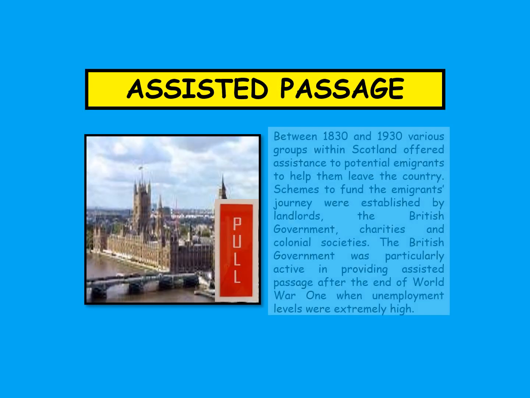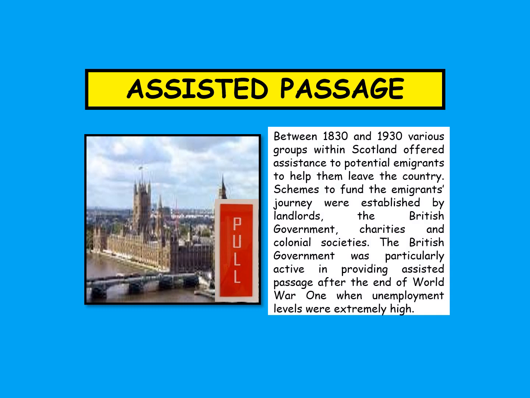Assisted passage is a pull factor. So between 1830 and the 1930s, we have a lot of groups within Scotland being offered assistance to basically go. So you've got schemes that are introduced by the government or by the landlords, or by charities to try and fund their journey.